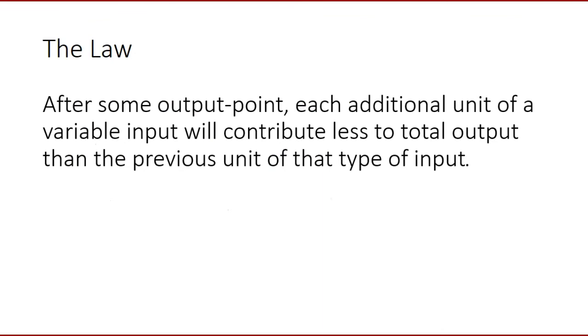The law can be stated as follows in very general terms. After some output point, some level of output, each additional unit of a variable input that's used in the production process will contribute less to total output than the previous unit of that type of input.